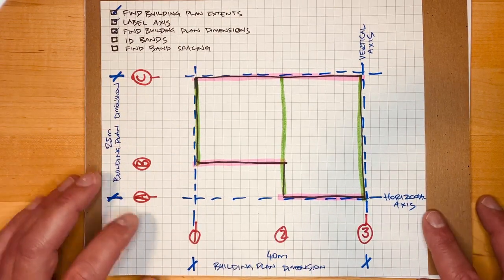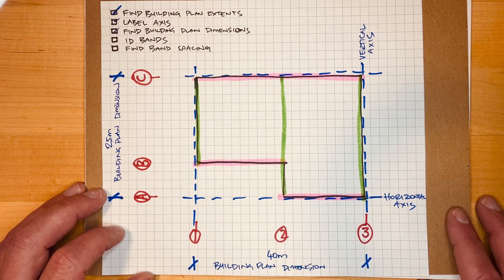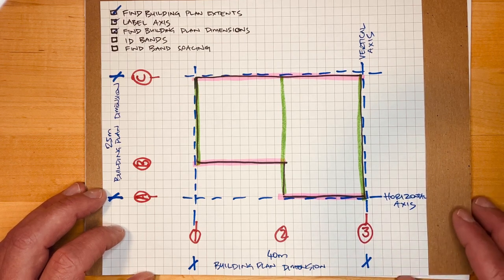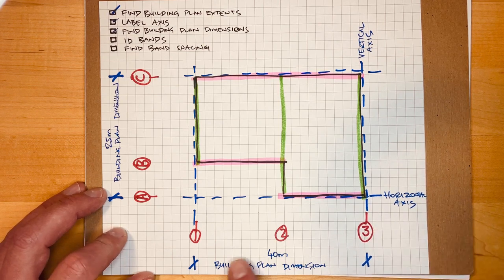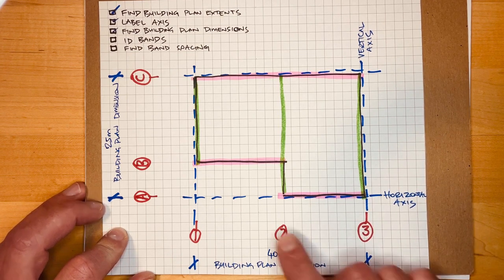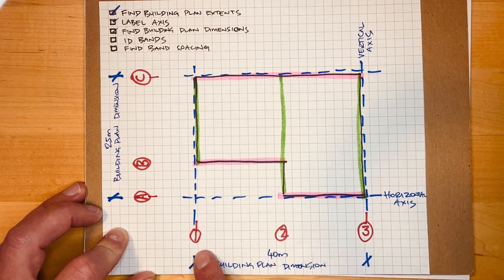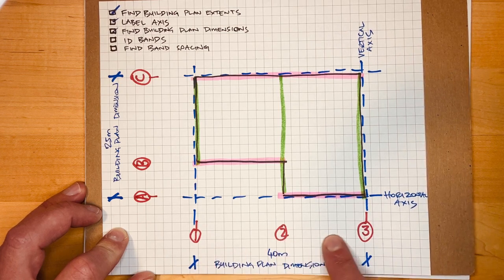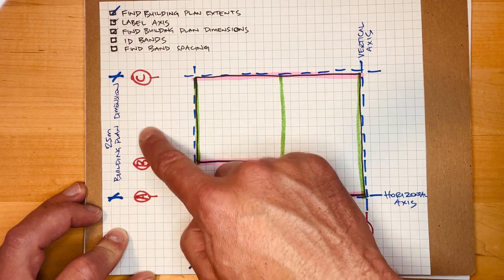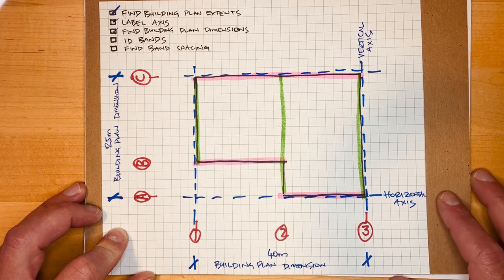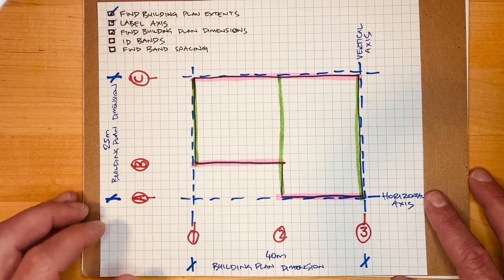This is the way I have it set up in the calculator. I recognize that there are probably other ways to do it. But if you follow this procedure and start off by labeling your horizontal axes and your vertical axes, measuring your horizontal building plan dimension and your vertical building plan dimension, and then labeling your bands with numbers along the horizontal axes and letters along the vertical axes, you're going to be entering information that is appropriate for the calculator to understand.